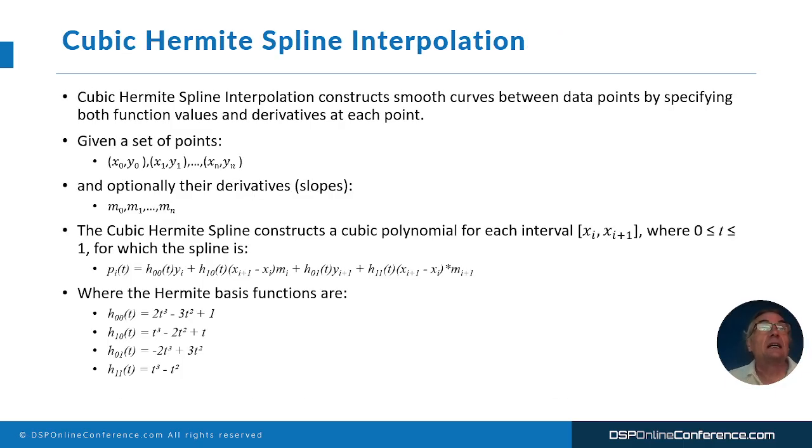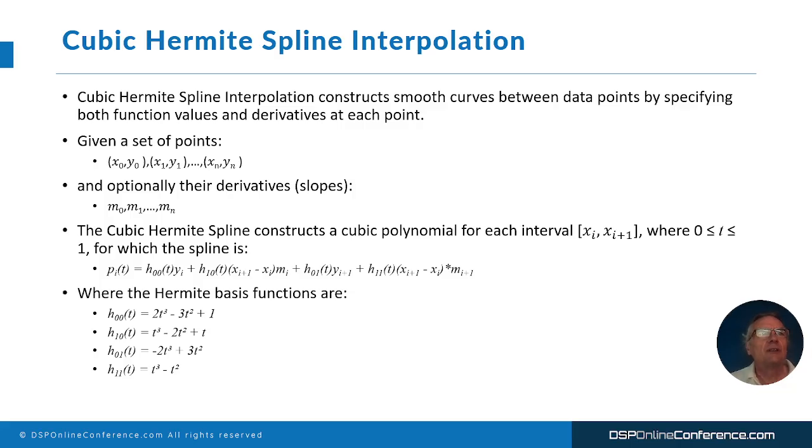Okay, so another interpolation algorithm that we could consider for these types of applications is the cubic Hermite spline interpolation, which constructs smooth curves between the data points by specifying both the function values and the derivatives at each point.